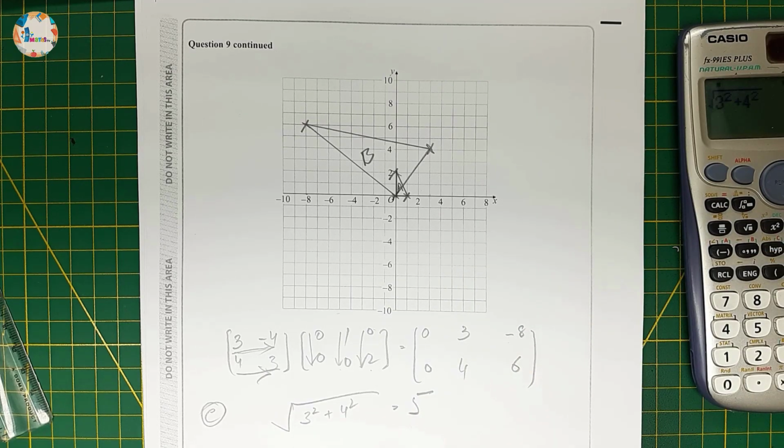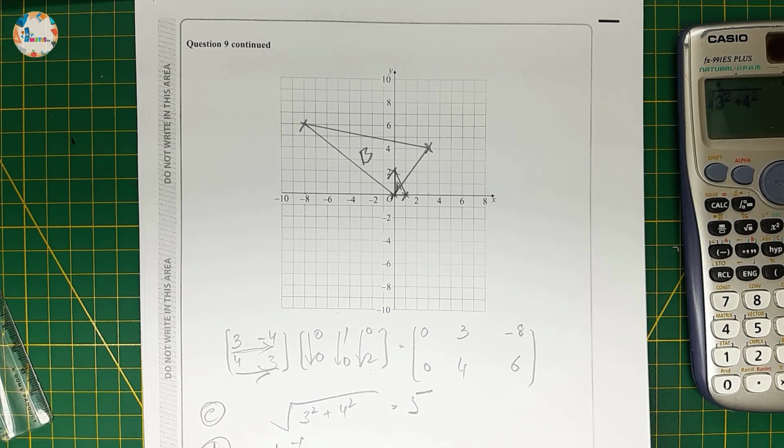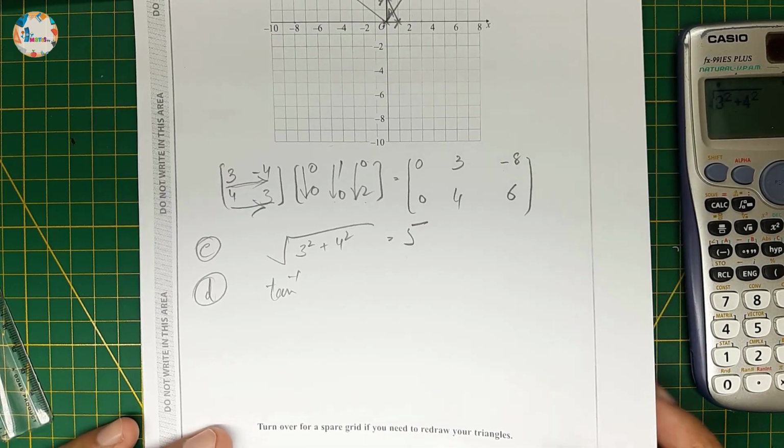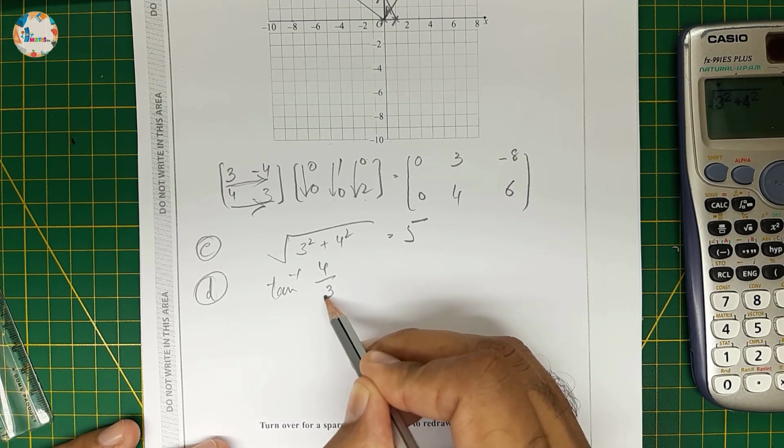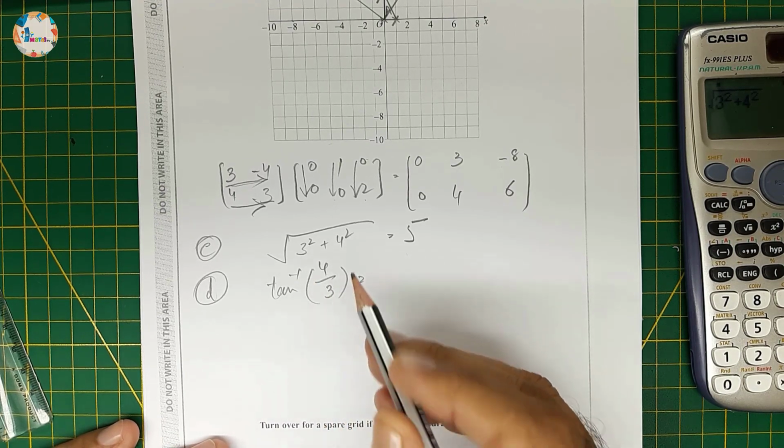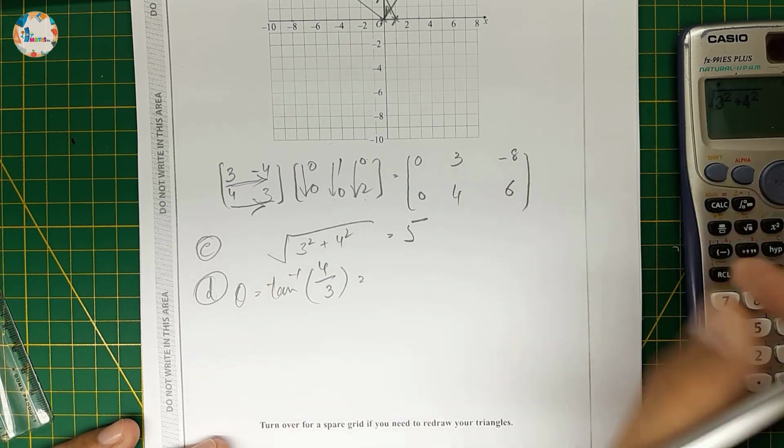Then they are asking for the angle. So angle will be tan inverse. We can find the angle, that is D part. So angle will be tan inverse of, I will move the page a little above. So tan inverse of y over x, y value is 4, so 4 over x value is 3. Tan inverse of 4 over 3 will be the angle theta.